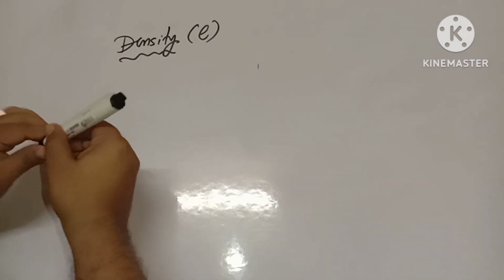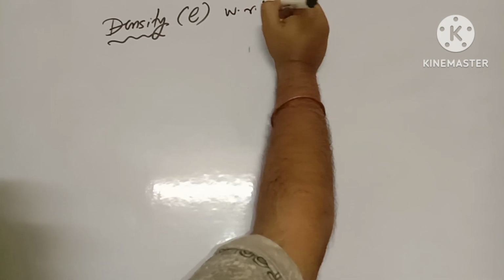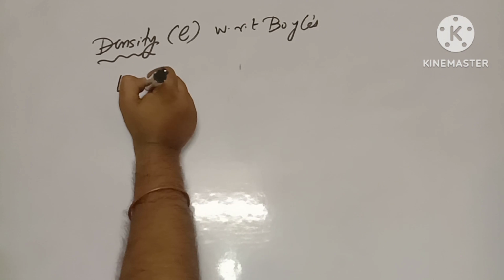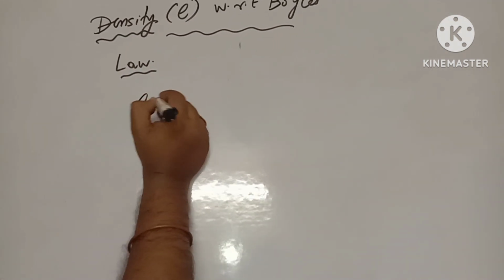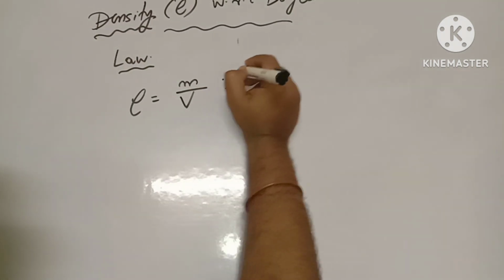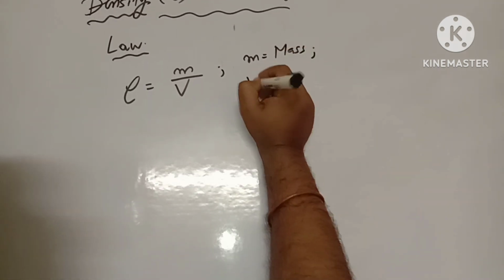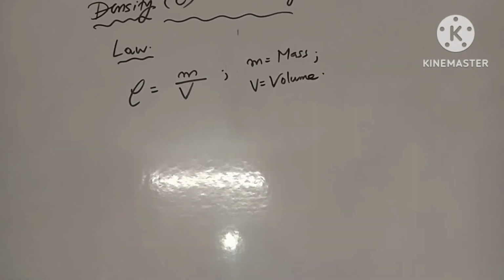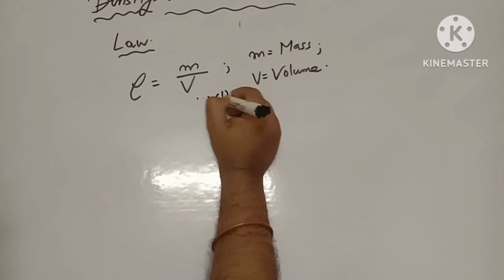With respect to Boyle's law. So density equal to mass by volume, right? M equal to mass, V equal to volume. Now you mark this equation number 1.